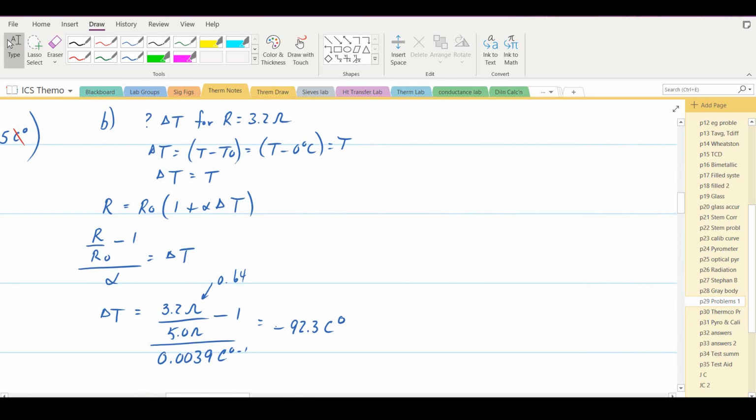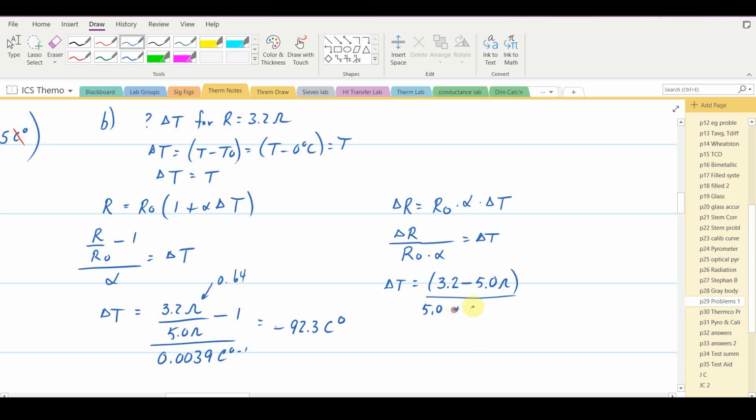Now we could also solve it using the other form of the equation, delta R equals R sub 0 alpha delta T. Let's rearrange for delta T. We'll have delta R over R sub 0 times alpha is delta T. So delta T is equal to, now delta R would be 3.2 minus R sub 0, which is 5.0, divided by R sub 0, which is 5.0 ohms, times 0.0039 per Celsius degree.